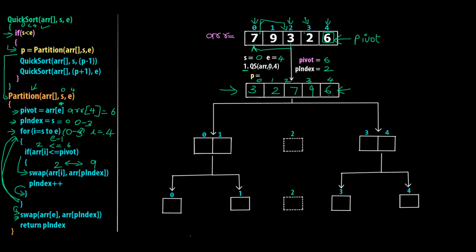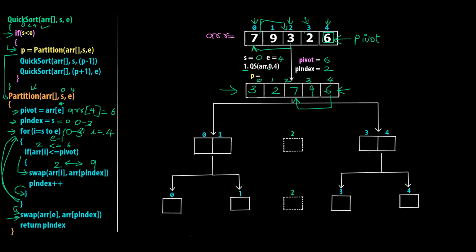Now the only thing remaining is to take this 6 and put it at the position of 7, such that once you do this, 6 will come over here and then we will satisfy the condition where we were saying that we want all the elements smaller than the pivot value to be on the left hand side, because when 6 will come over here, 3 and 2 are smaller than 6 and 7 will go over here. So 9 and 7 are larger than 6. So that is the strategy, right?